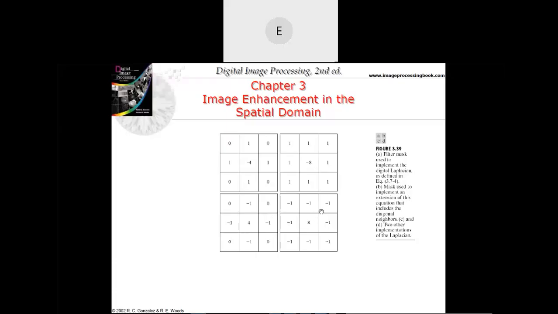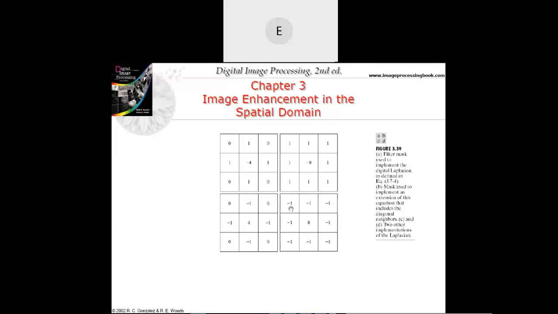Smooth region means it is a low frequency region. Should it allow or should it block? Anybody? Blocks. It should block, right? Correct? Yes. Okay, since it has to block, what does it mean? Whenever I have a smooth region, I should get 0 as the response.